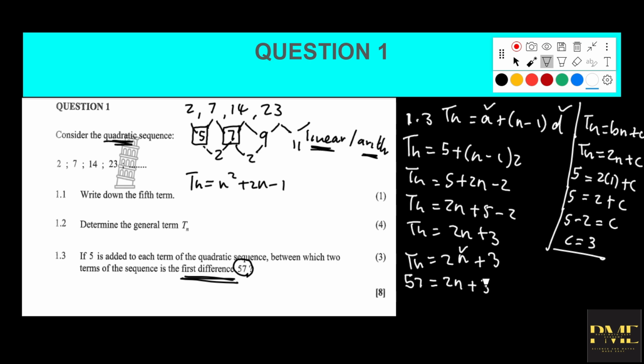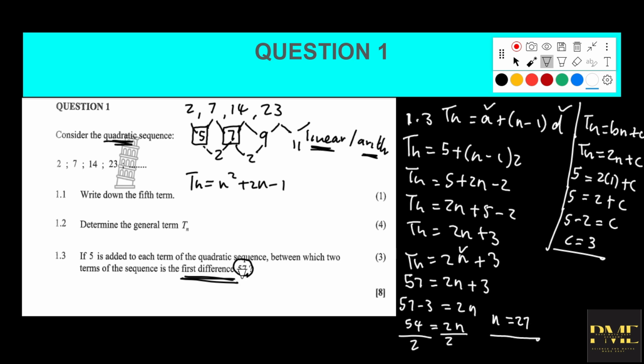First thing we can do is transpose the 3 to try and isolate the n. That's our sole purpose. So 57 minus 3 is equal to 2n, so we have 54 equals 2n. We divide by 2 on both sides, and we are left with n equals 27.